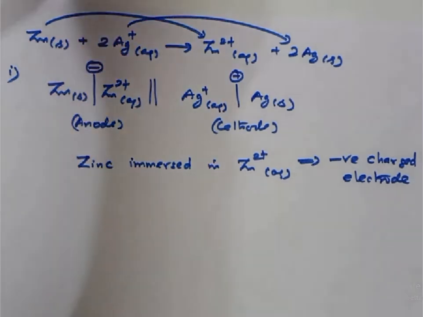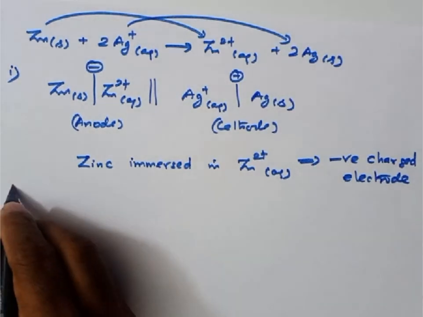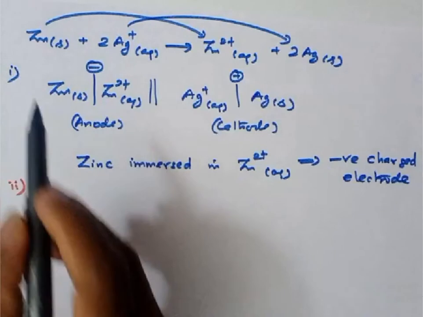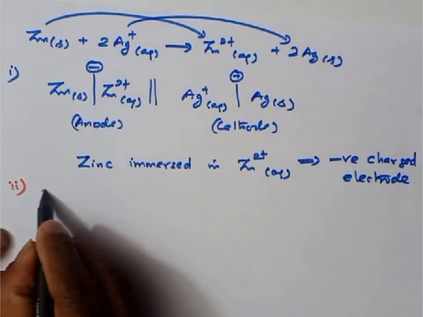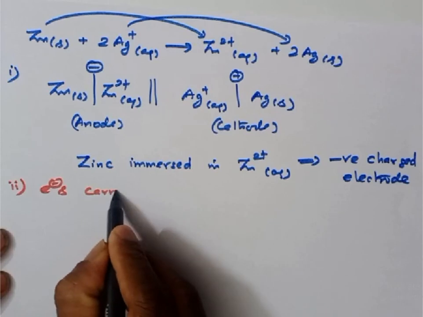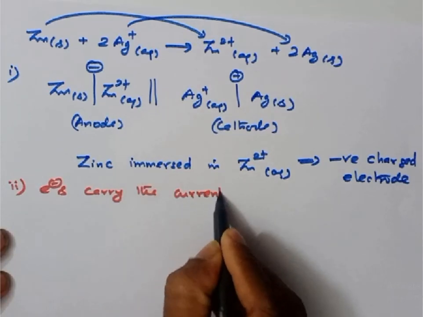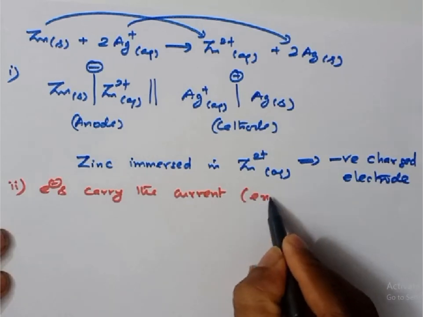Then the second question asked in 3.3: what are the carriers of the current in the cell? The current is carried by electrons.